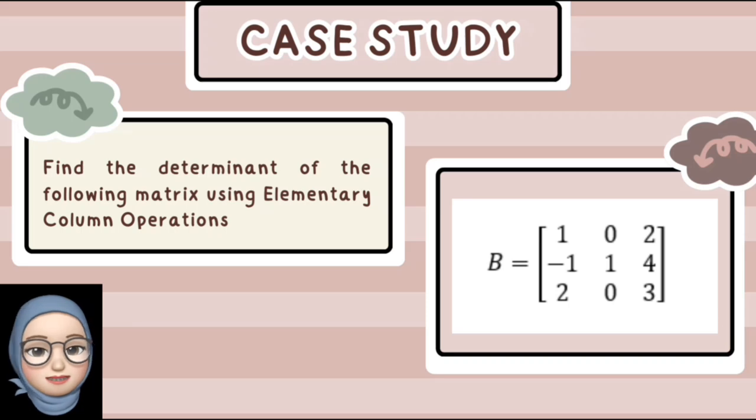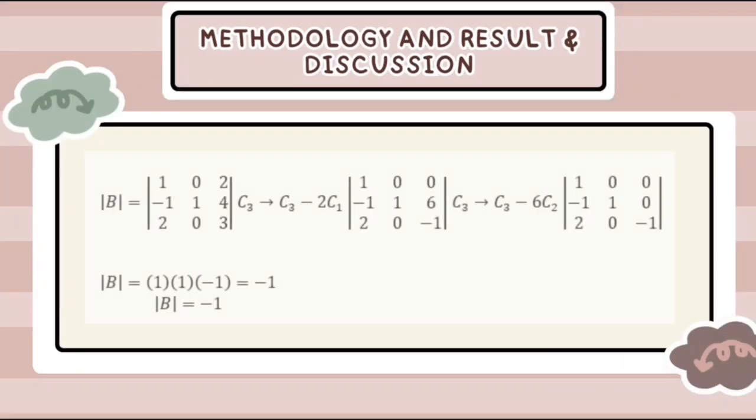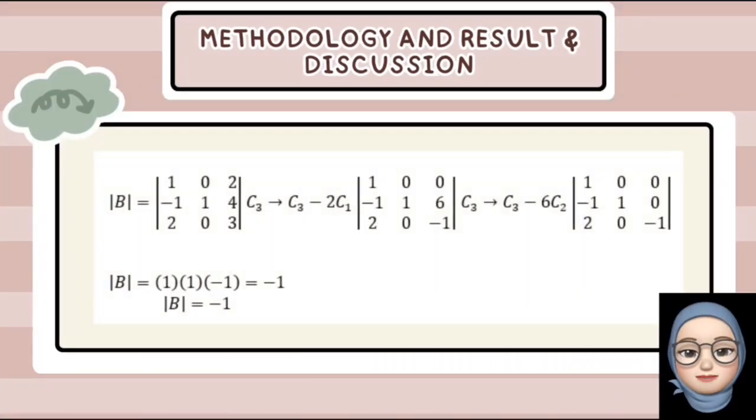For case study 2, find the determinant of the following matrix using elementary column operations. We have matrix B equal to 1, 0, 2; negative 1, 1, 4; 2, 0, 3. First step, to change column 3, we need to subtract 2 times column 1 from column 3.